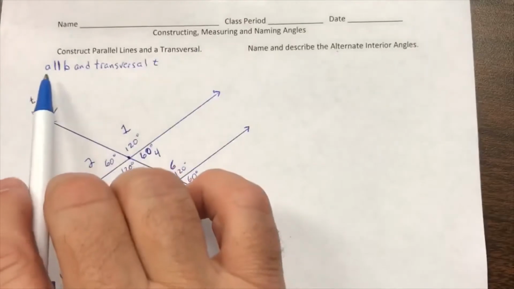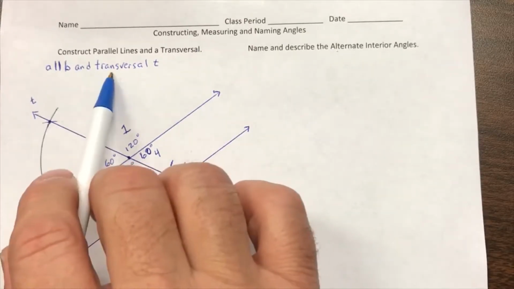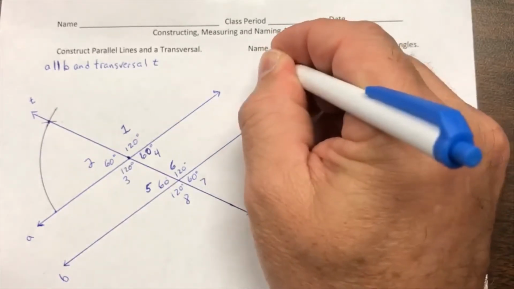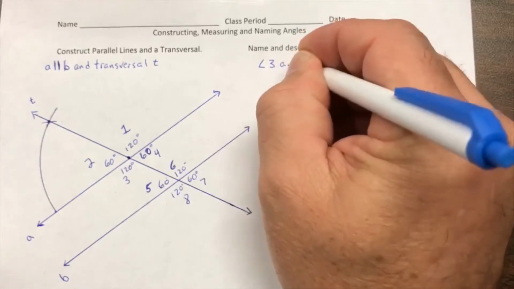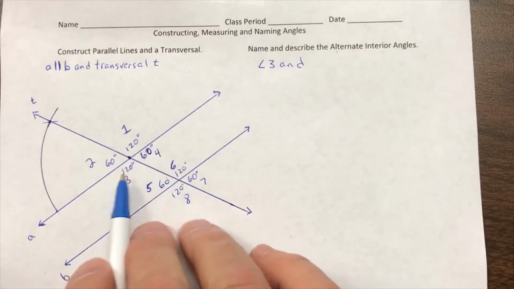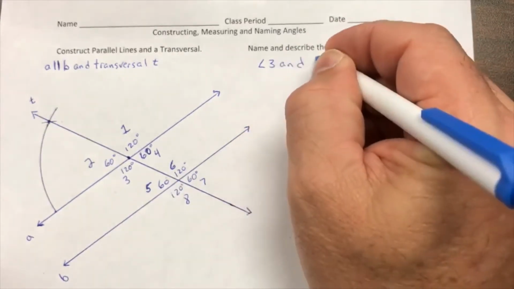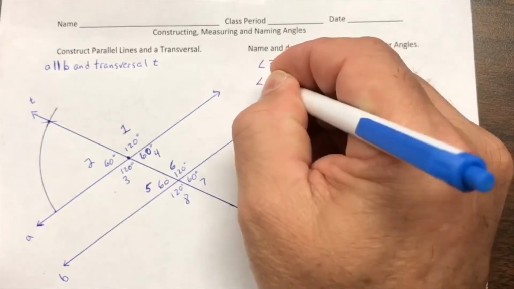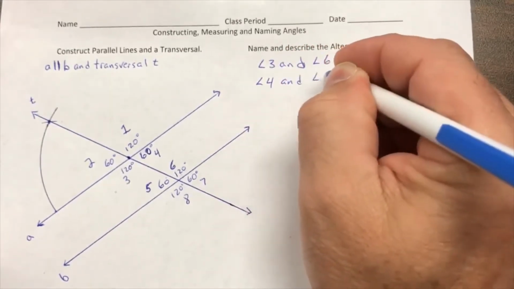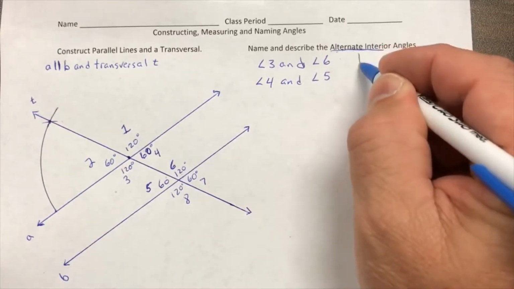So it's telling you that these lines are parallel, and when you know lines are parallel cut by a transversal, we're going to name angle 3, and it alternates and crosses over. So angles 3 and 6, and angles 4 and 5, are alternate interior.